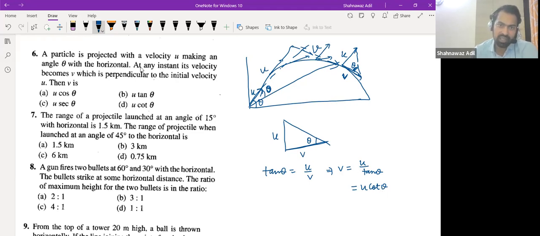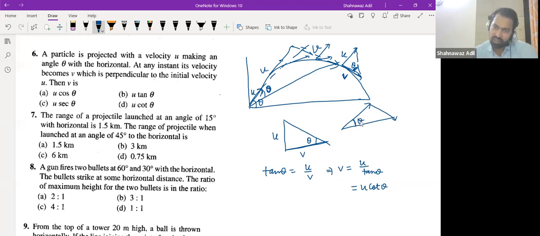You see that at an instant its velocity becomes V, which is perpendicular to the initial velocity. So I have this U vector, right? And then this V vector. This is the V vector, right? And then this is my angle theta. This is the proper diagram, right, guys? Yes, sir.